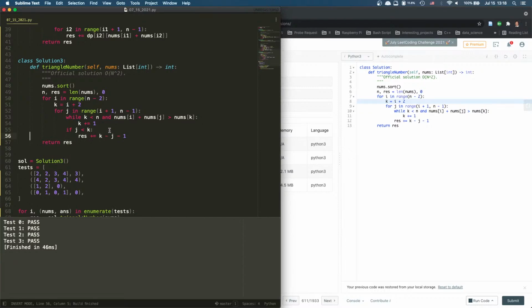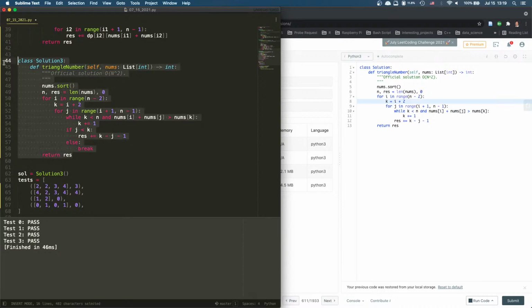If j is not smaller than k, then we just go to the other side, right? And if j is smaller than k, we do this and continue. If j is not smaller than k, that means j already entered the k territory. So else, I think we can break. We don't have to keep going because k is not moving, right? k is not moving, so it's too small. All right, so we add this.